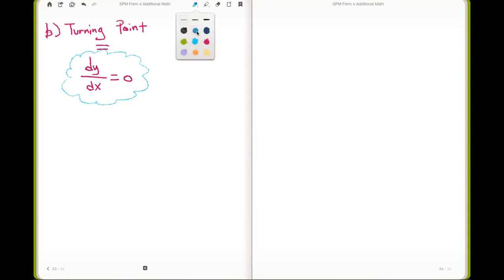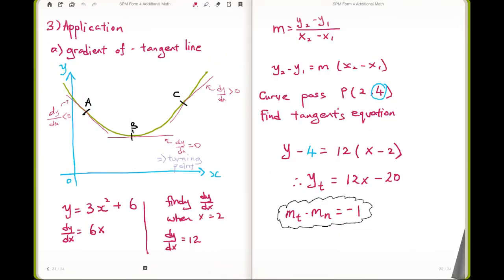Is it maximum or minimum? Because when dy/dx equals 0, in my previous page, this is what happened here. That's why it's equal to 0. Right?